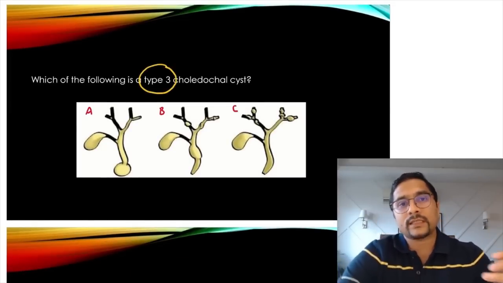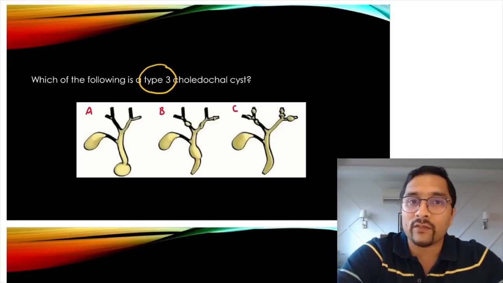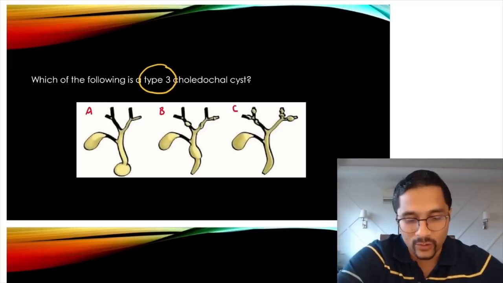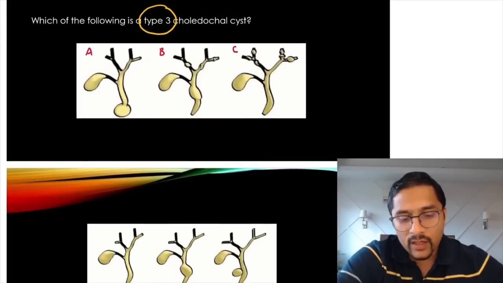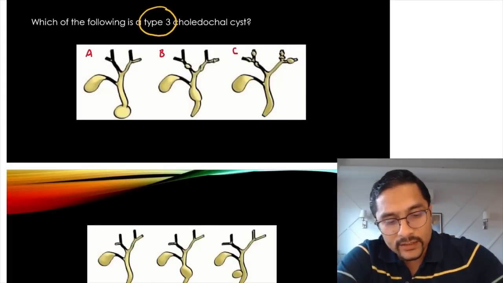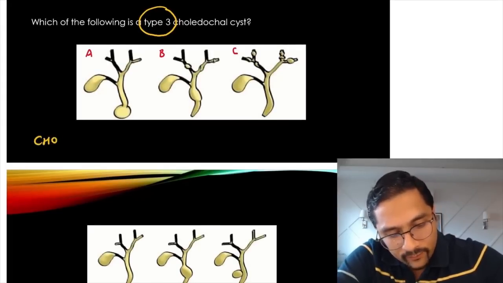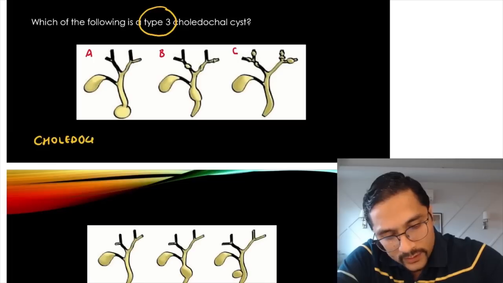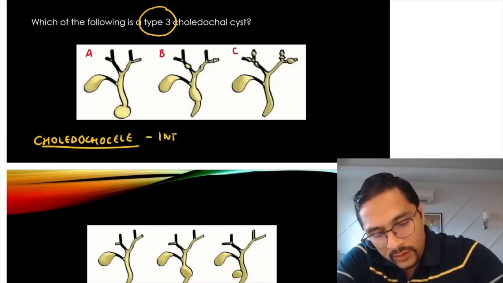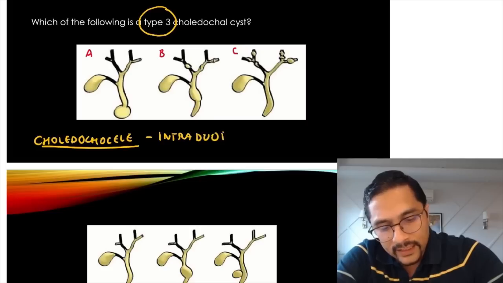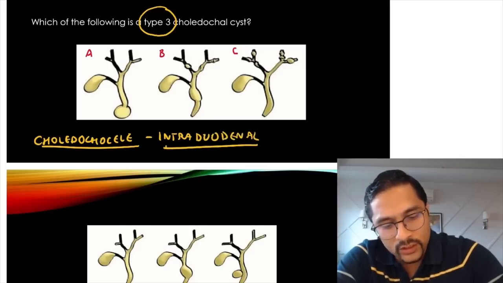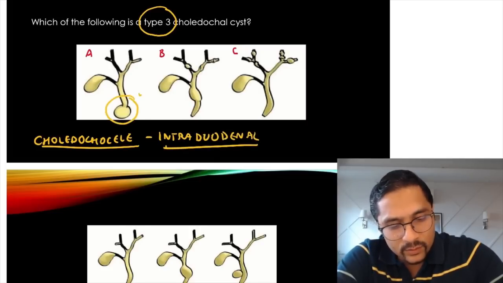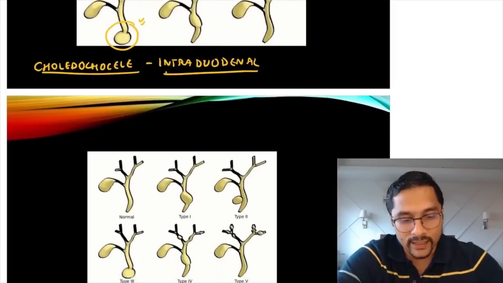Now choledochal cyst is when there is congenital dilatation of the biliary tree. Choledochal cyst type 3 is known as a choledococele. It is dilatation of the intraduodenal portion, and you can see here this one depicts the intraduodenal dilatation.